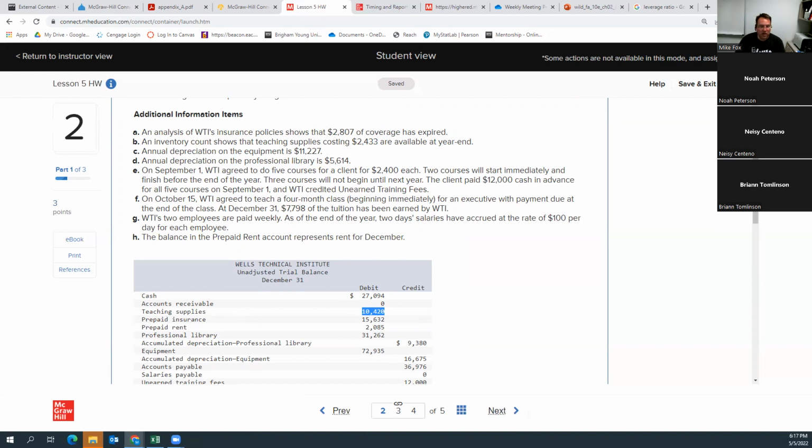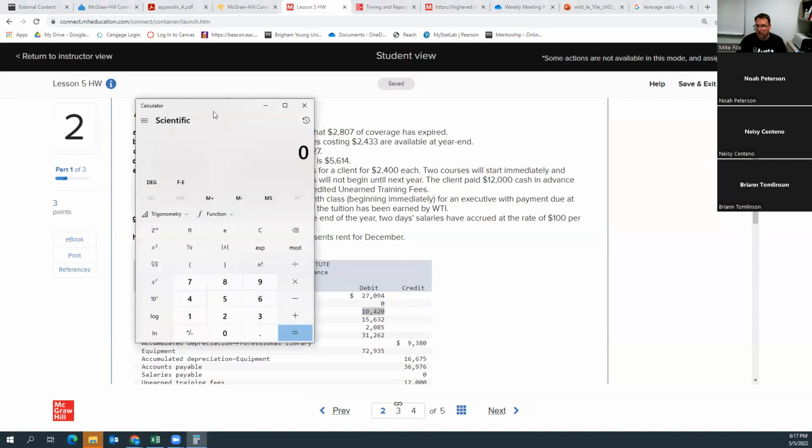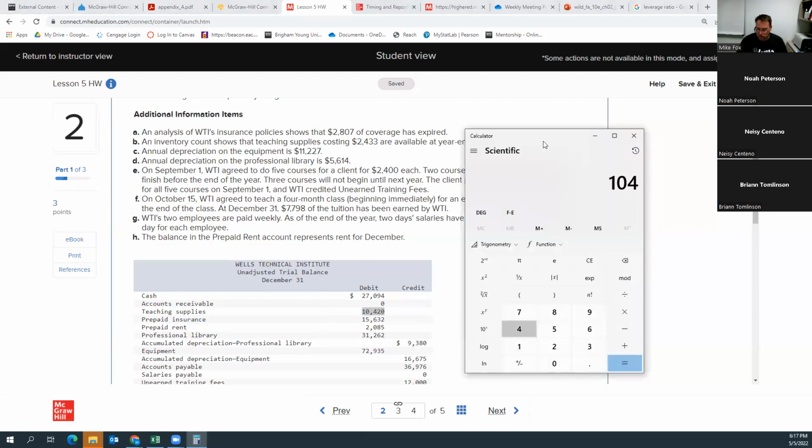So the question is, how much did I use? For this one, I'll have to subtract. If I have an unadjusted trial balance of 10,420, and now I'm only counting 2,433, I must have used $7,987 worth of supplies during the year.